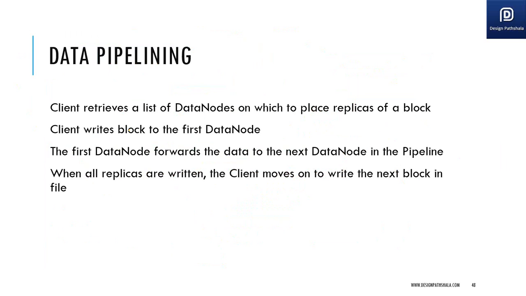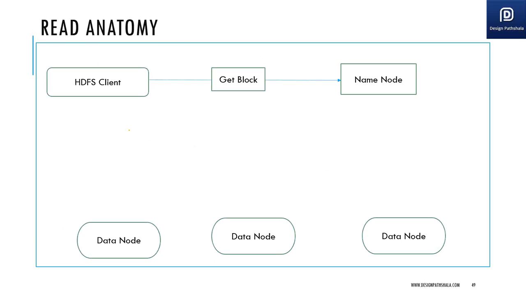So this is what I discussed in the previous slide. This is called data pipelining or write pipeline in the cluster. And the reads are pretty simple. When I as a client have to read something, I just communicate to the name node about where the file is lying and which are the blocks associated to the file. Name node returns me the location of the blocks, and it always tries to find the nearest blocks to me.